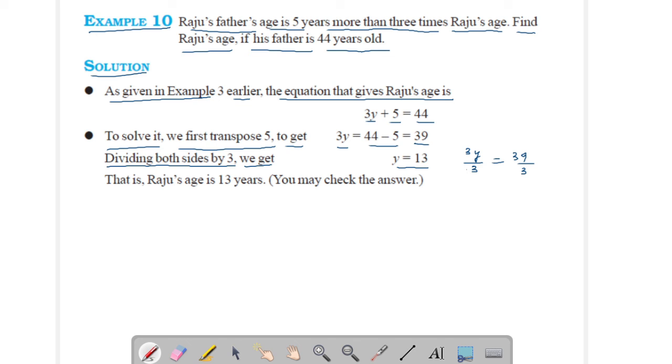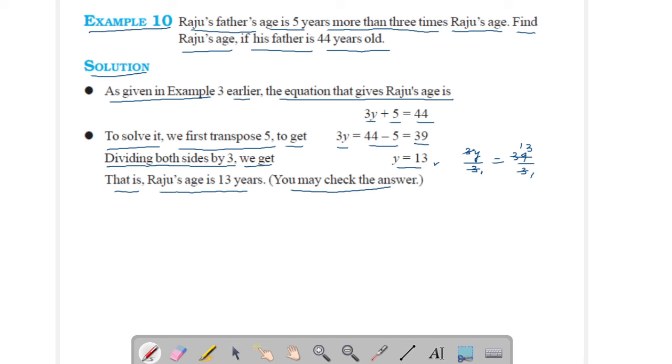Solve this. 3 will be cancelled by 3, and here again divide 39 by 3. 3 threes are 9, it is 13. What will you get? y equal to 13. In this way you will get y equal to 13. That is, Raju's age is 13 years.